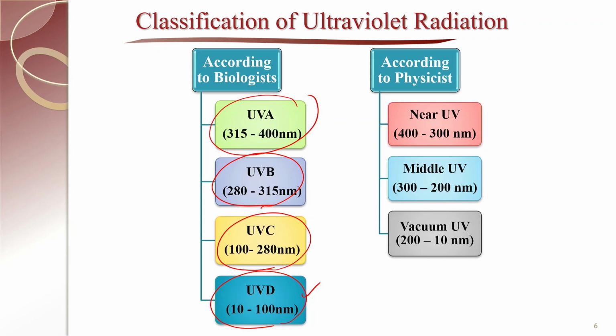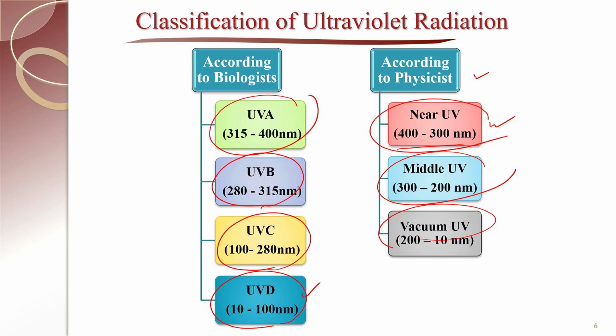According to physicists, they divide into 3 different categories. Near UV, with higher wavelength, is 300 to 400 nanometer, middle UV is 200 to 300 nanometer wavelength, and vacuum UV is 10 to 200 nanometer.